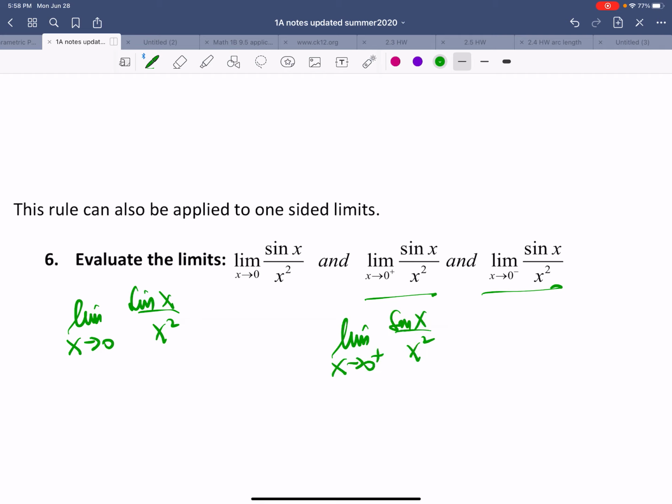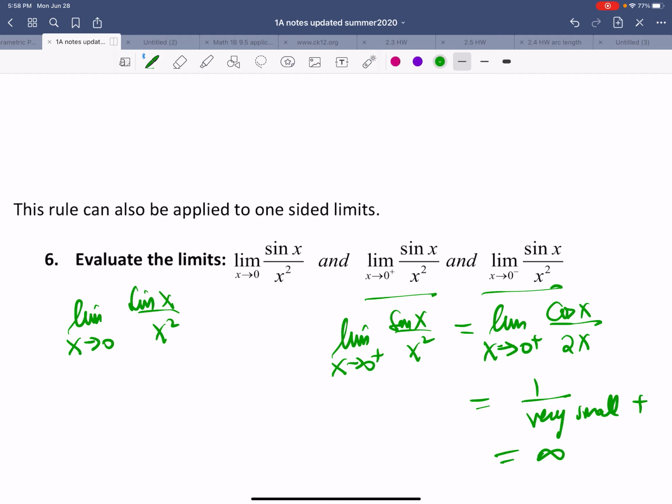The derivative of sine x is cos x, over 2x, and that is 1 over a very small positive number, which is positive infinity.